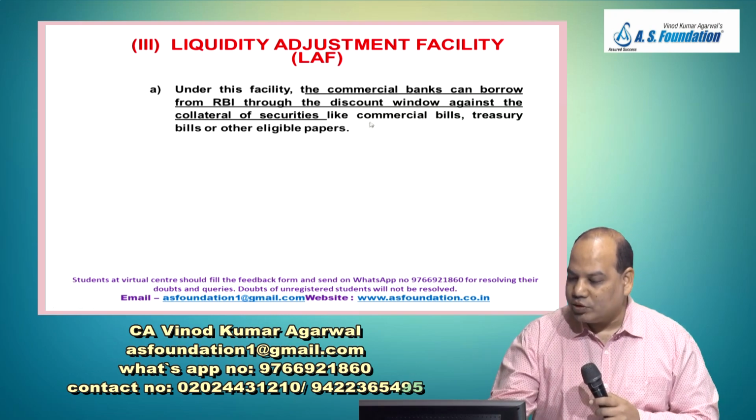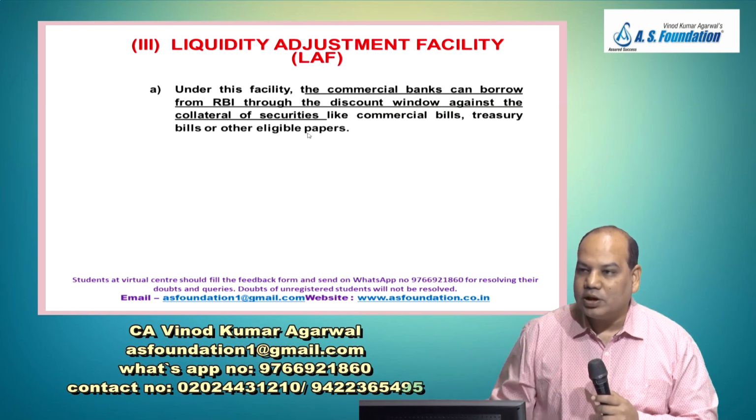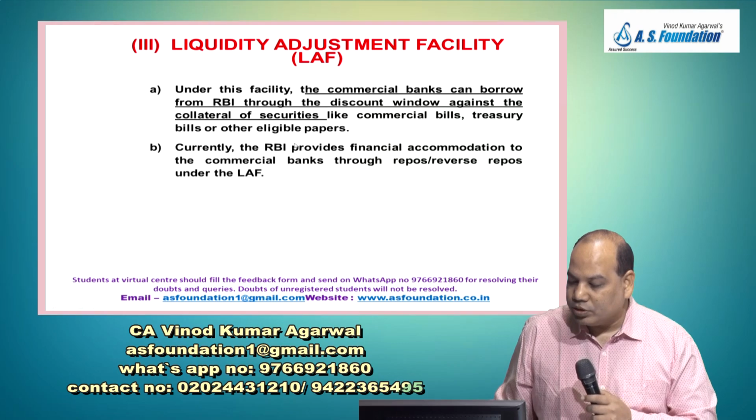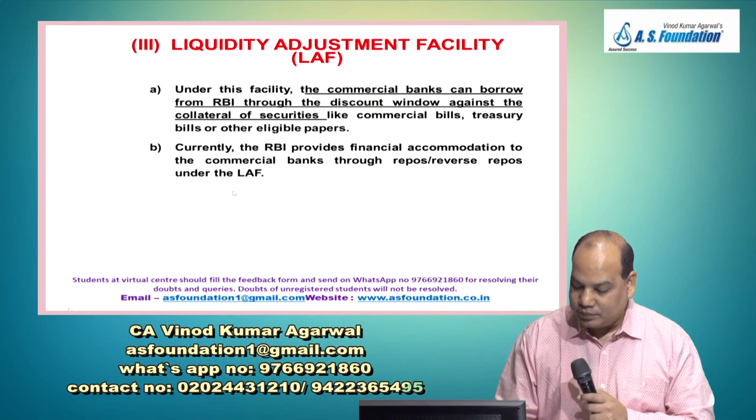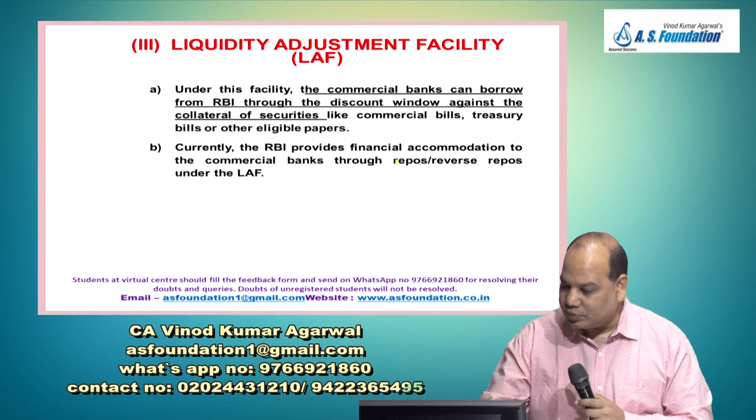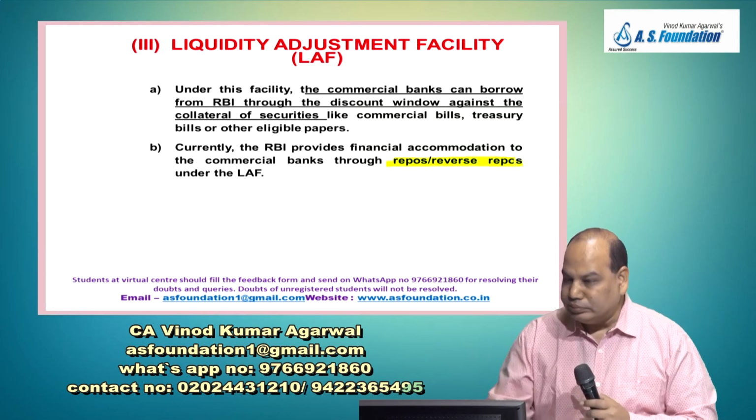Which are the securities you use? Commercial bill, treasury bill, or other eligible papers. Currently, the RBI provides financial accommodation to commercial bank through repo and reverse repo under LAF. Underline repo and reverse repo.